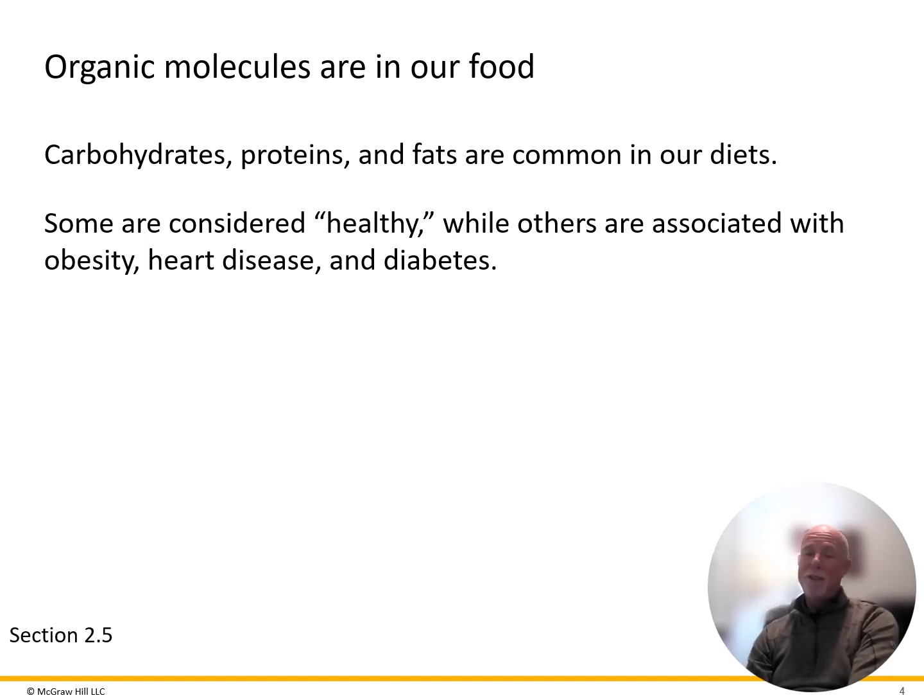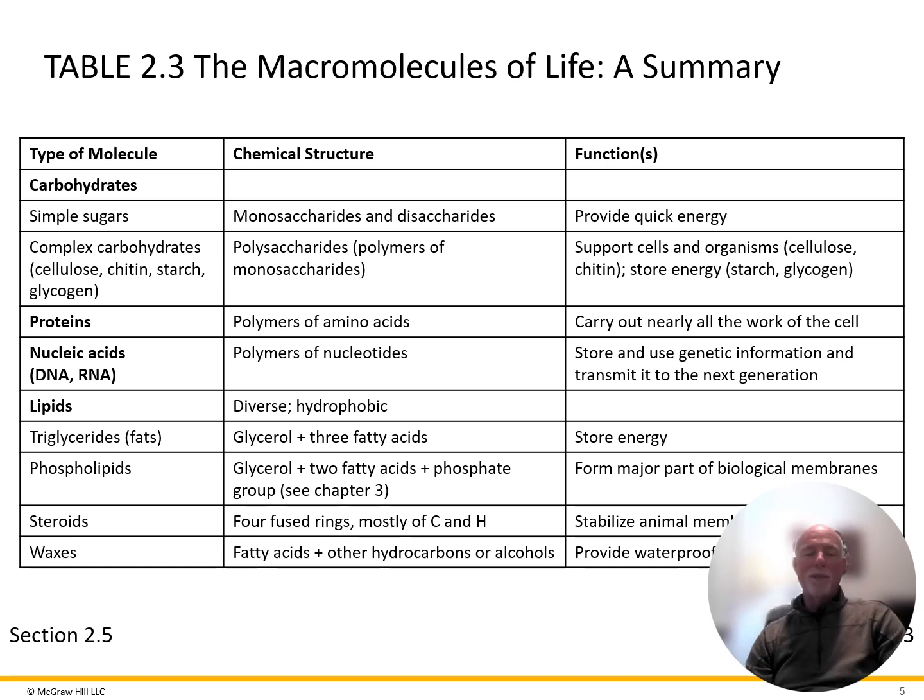Some of us have a very high carb diet, or a high protein diet, like a keto diet, or a low fat diet. I really need a low fat diet for some heart conditions that I have. So we consume these in our foods, but our bodies are also comprised of all of these organic molecules. Some of these are very healthy, some are not all that healthy.